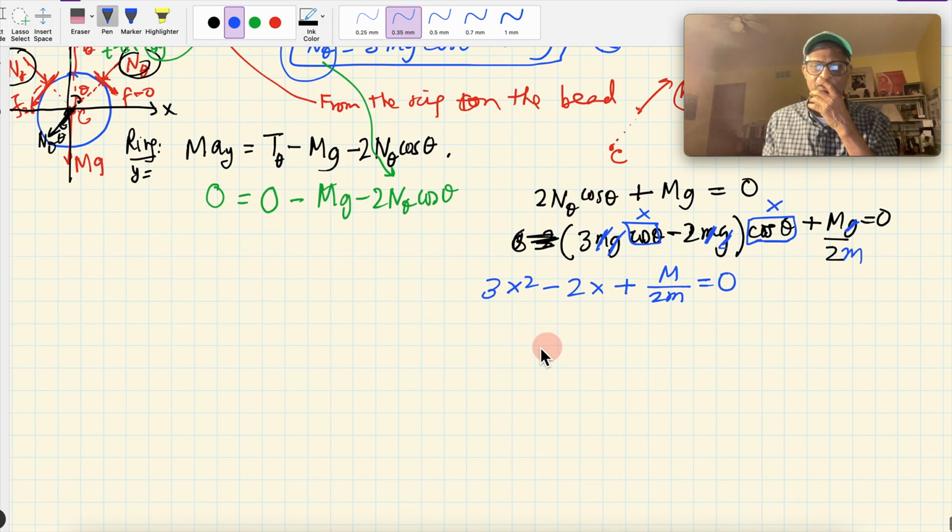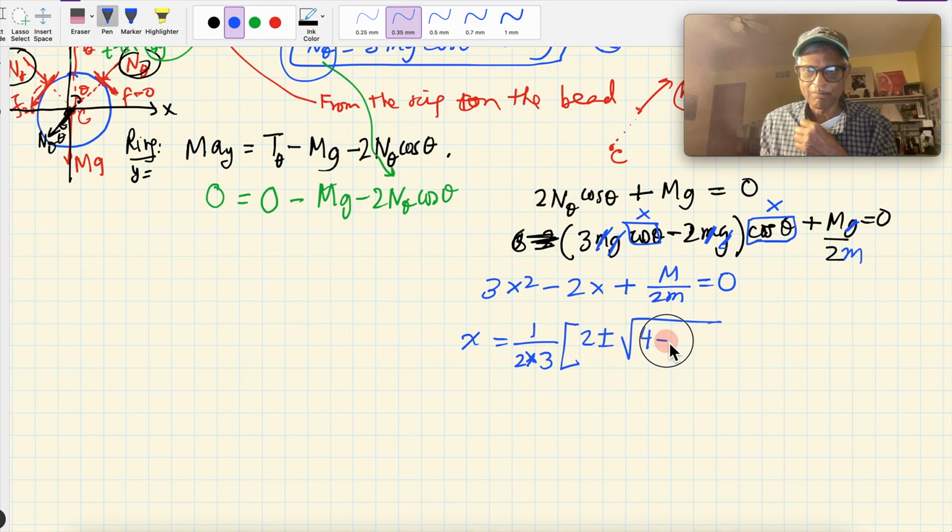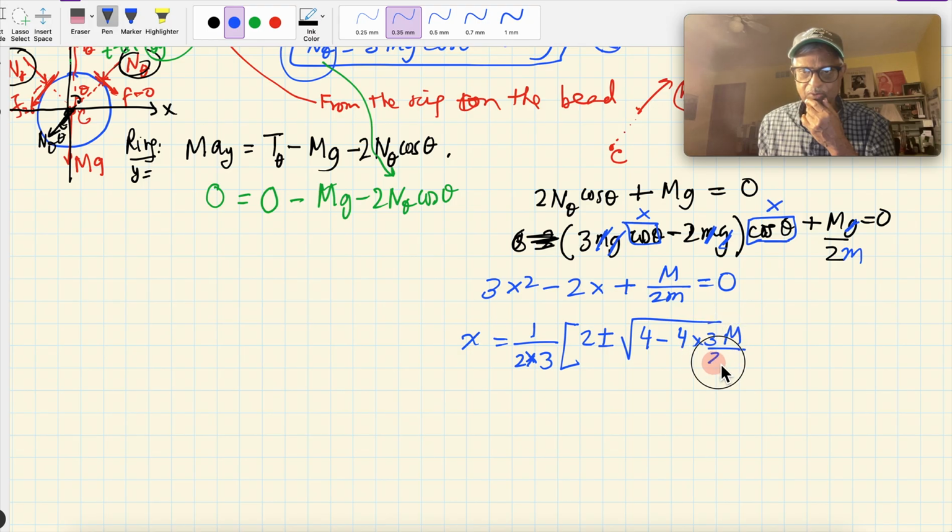All right, so x equals 2 times 3, which is 6, so this is 2 plus or minus the square root of 4 minus 4 times 3m over 2m.